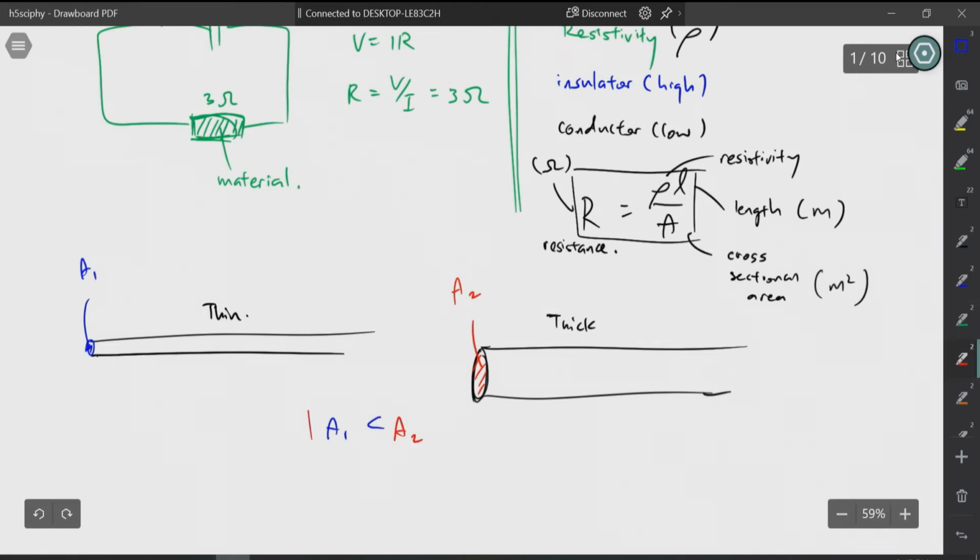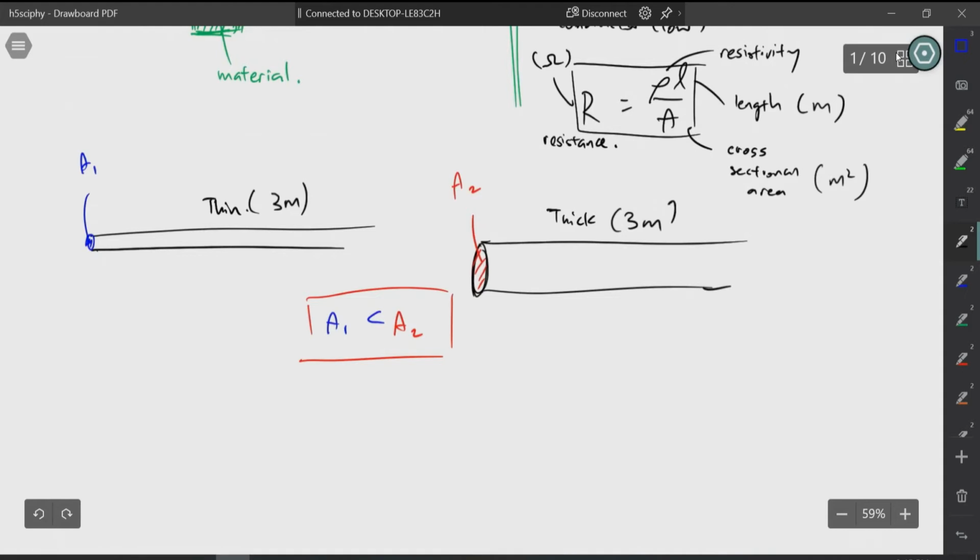Okay, so this is what we can figure out first. Now we can keep another thing constant. We can treat this wire as a 3-meter long wire, and we also treat this wire as a 3-meter long wire. Now I want you to compare A1 and A2, and you realize that A2 is actually larger. What it means is that I don't squeeze as much. Imagine I have just 6 electrons.